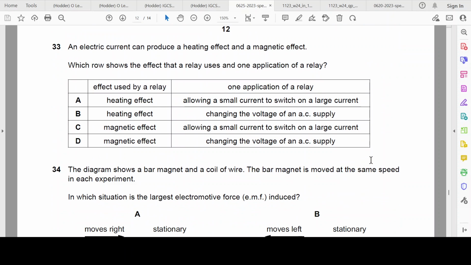All right, an electric current can produce a heating effect and a magnetic effect. Which row shows the effect that a relay uses and one application of a relay?